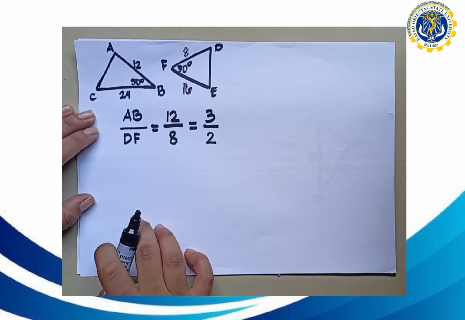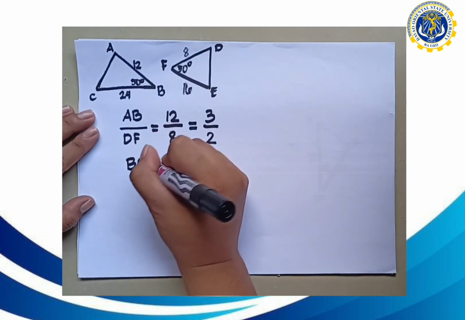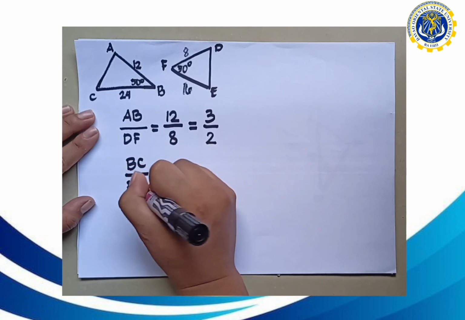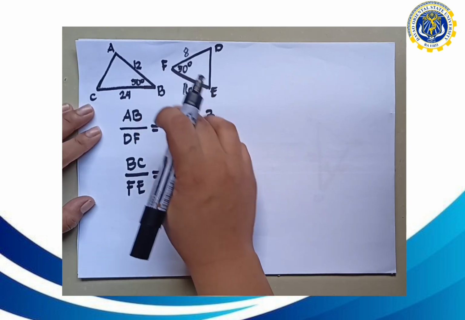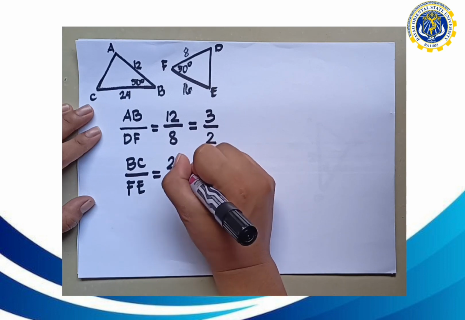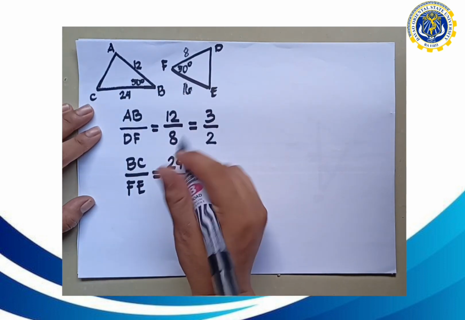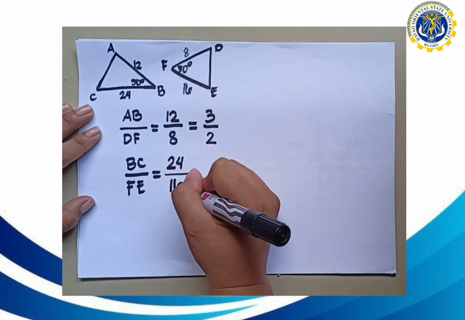Then second is BC over FE, which is, for the side BC, 24, and for FE, 16.